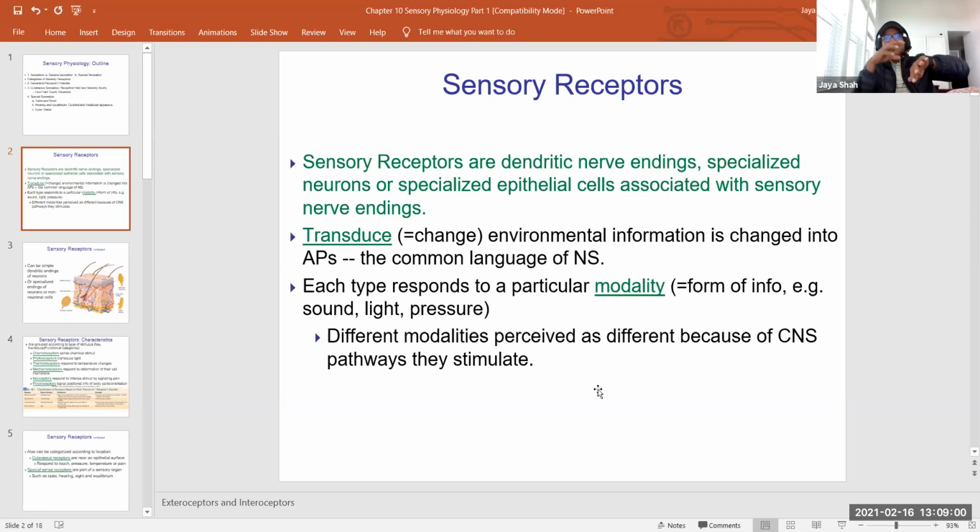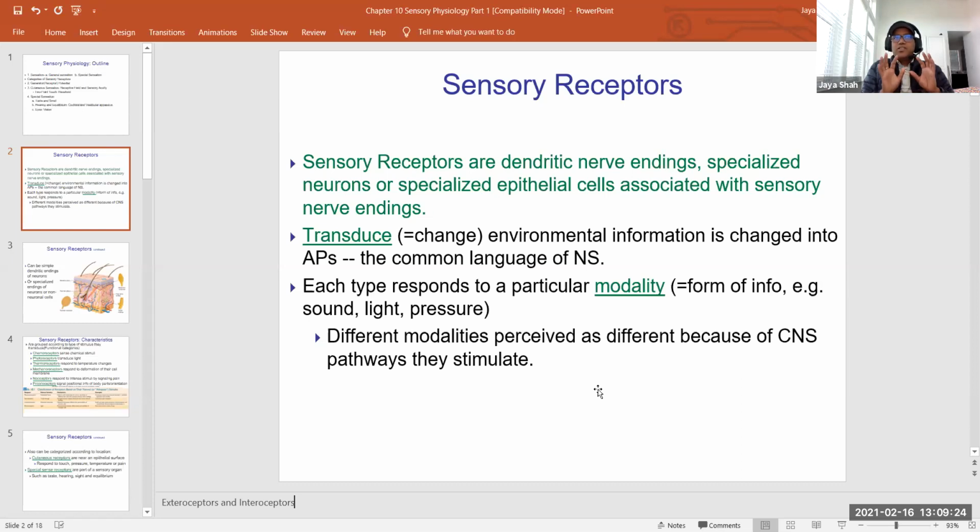Three stimuli activate three receptors, and these then create action potentials, which are the common language that goes to your brain. But our brain perceives touch as touch, pain as pain, pressure as pressure. Why is that?